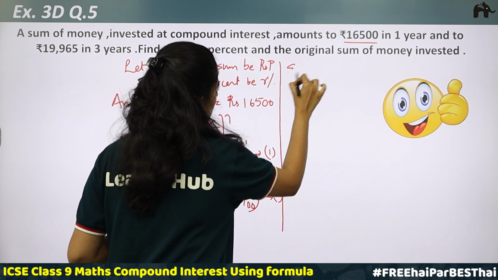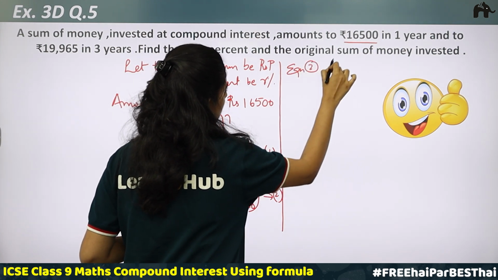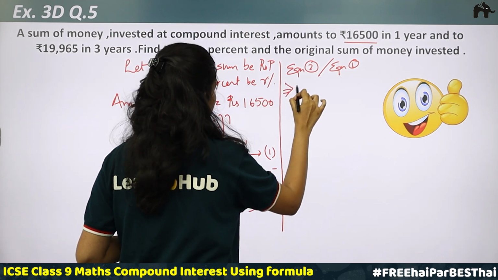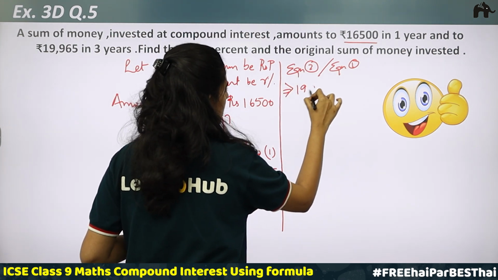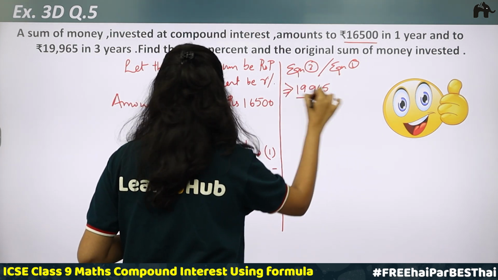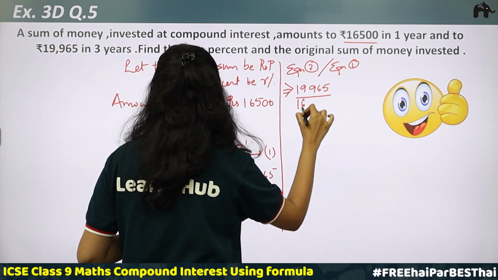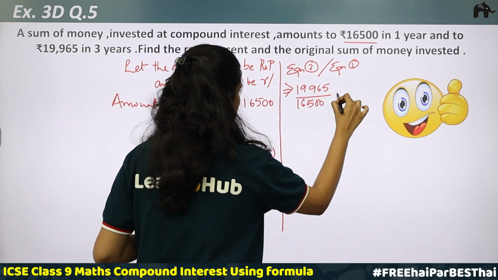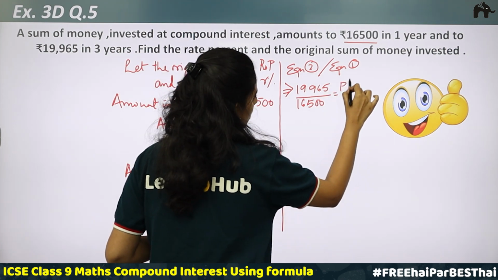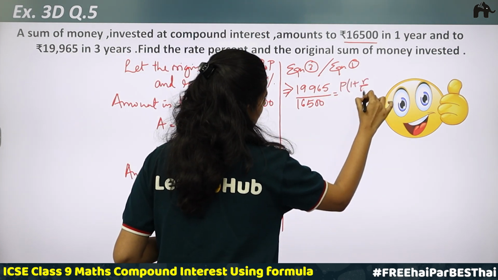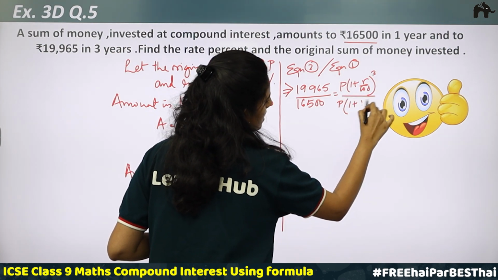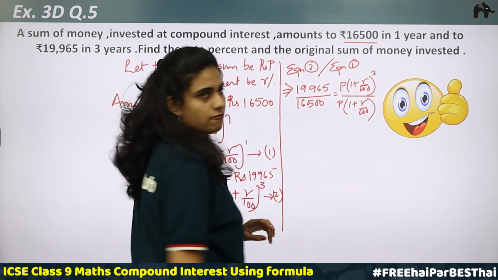Next, equation 2 divided by equation 1. What do we get? 19,965 divided by 16,500 is equal to P into 1 plus R by 100 whole cube divided by P into 1 plus R by 100 raised to 1.